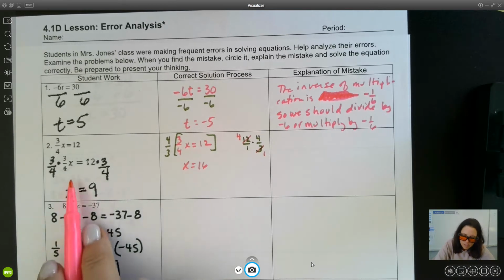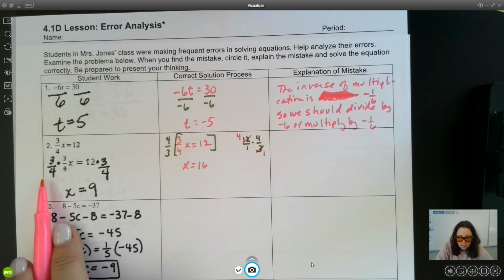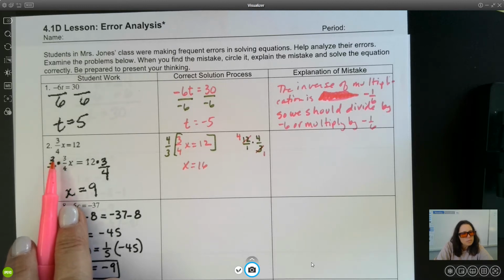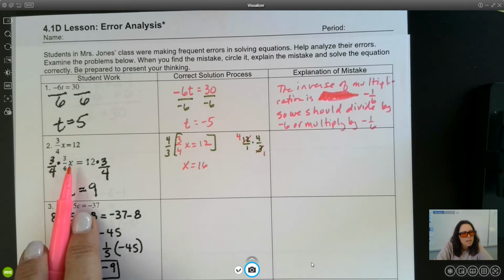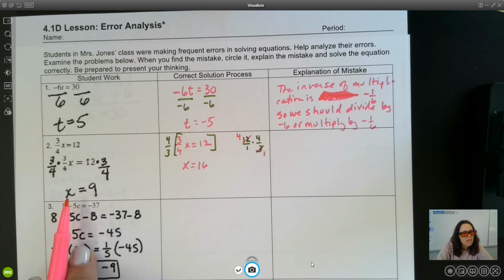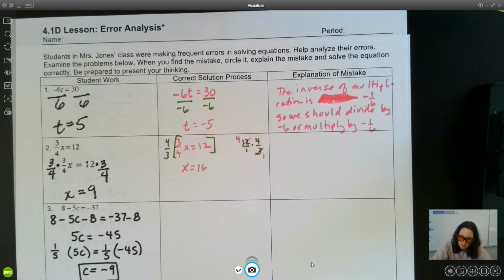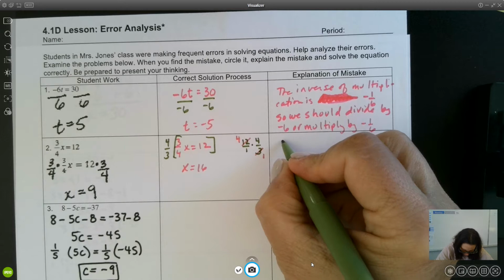Okay, let's look and see. Let's compare. Well, look at that. They multiplied by 3/4. They didn't take the reciprocal. Wouldn't this be 9 over 16x? Not just an x. Okay, so the inverse, let me go in this green color so it doesn't flow into the last one.